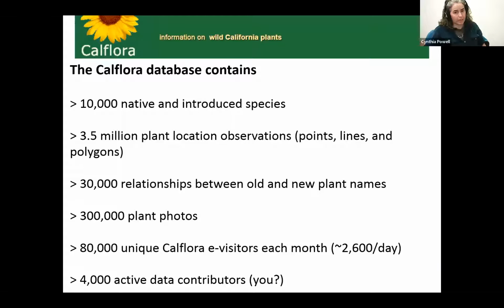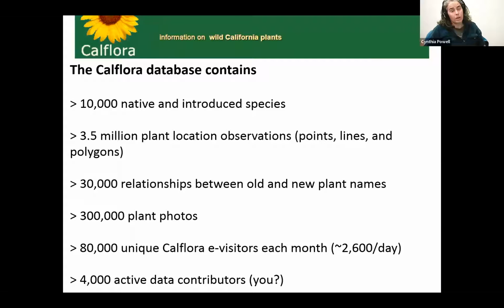Most of those are points, but as of about 2012, if you have an area, you can log it as a polygon or a line. For instance, some trees or plants along a trail or along a river could be a line. We have 30,000 relationships between old and new plant names.